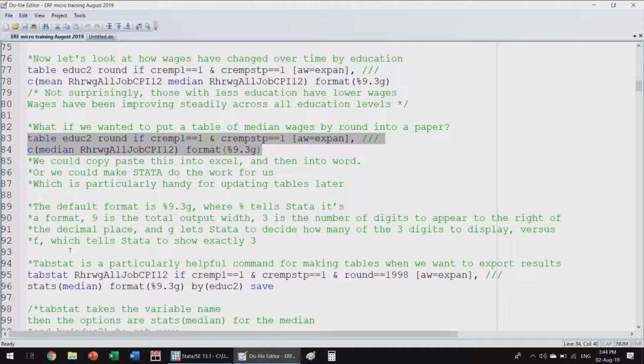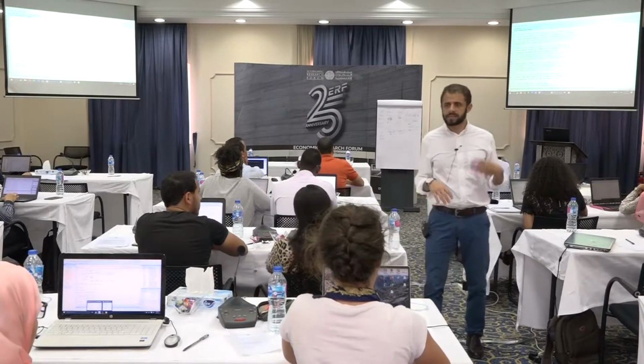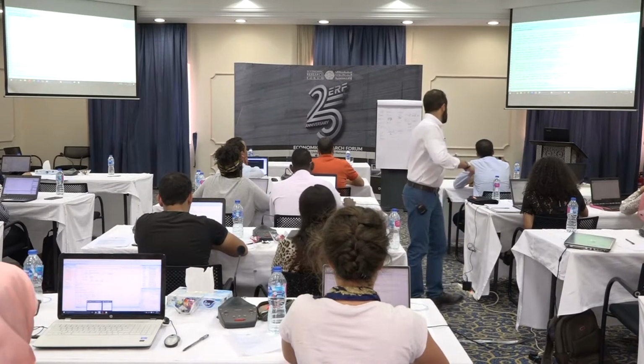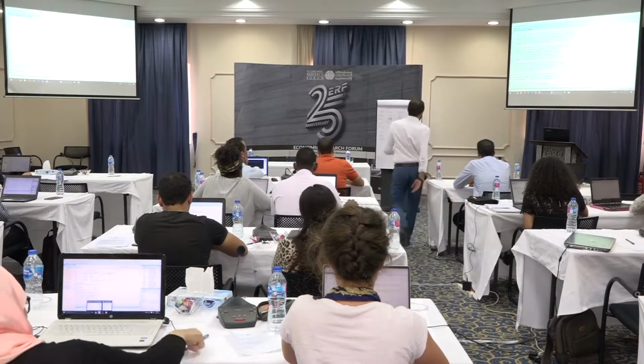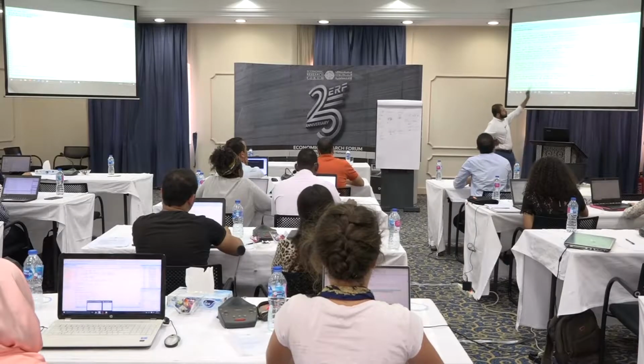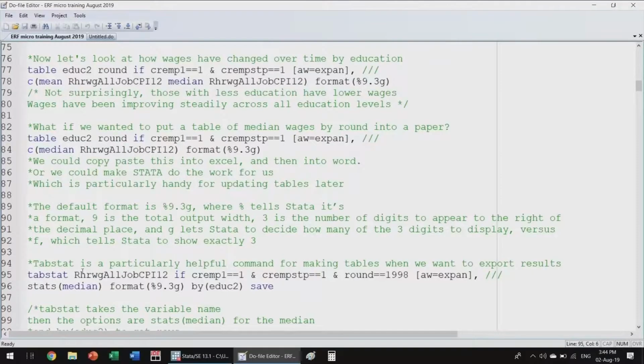So here we have the median wage over time by level of education. We can also have another type of command, which is tabstat. And tabstat in general is very useful because with this command we can export tables into Excel and insert them directly into the paper, for instance. So tabstat here, I will ask STATA to do a new table with this variable for those who are working, and the round is 1998 with the expansion weight.